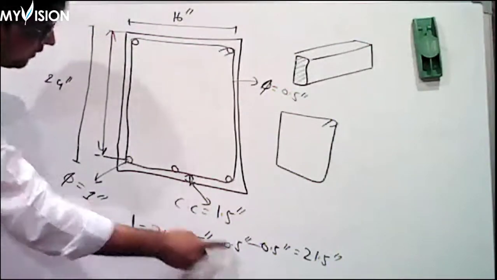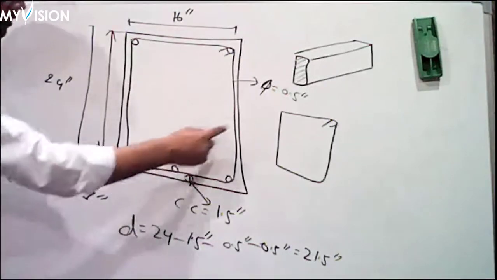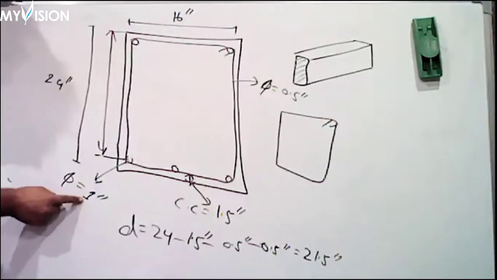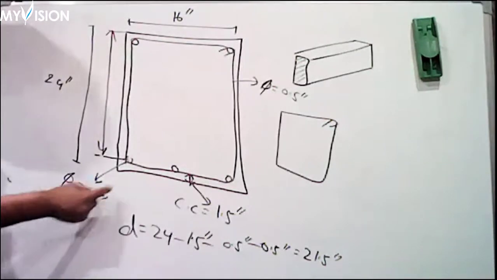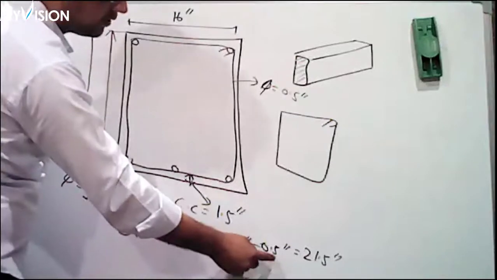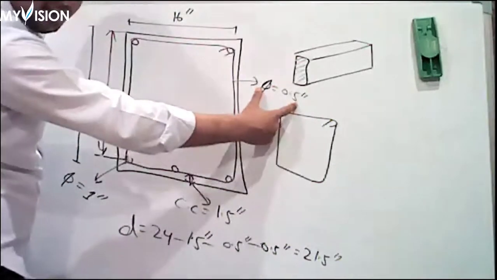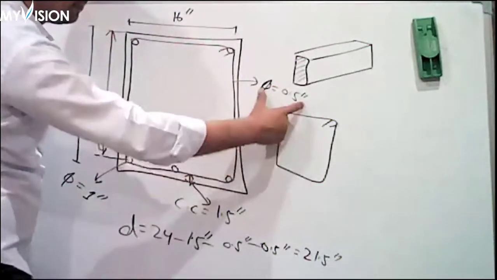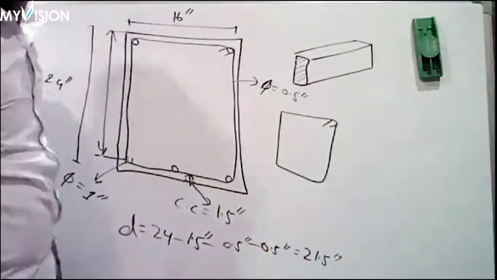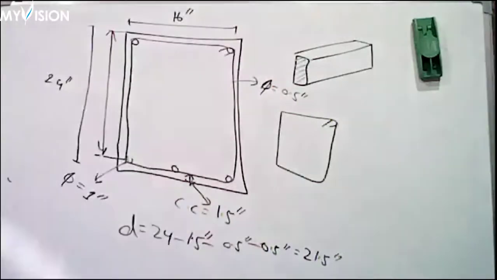This 0.5 inch is basically half of this main steel. Main steel is 1 inch, so it will be half of this steel, that is equal to 0.5 inch, and then this second 0.5 inch is the diameter of this stirrup. Okay. So when you total it, you will get the answer, that is equal to 21.5 inches.